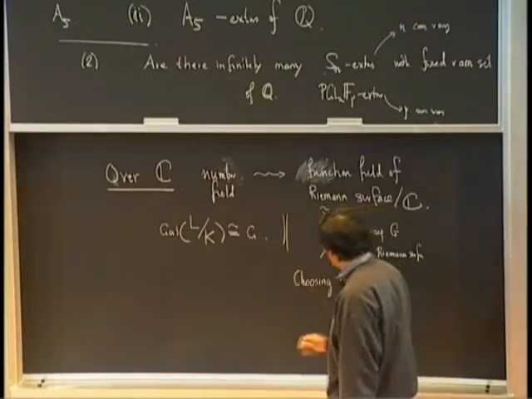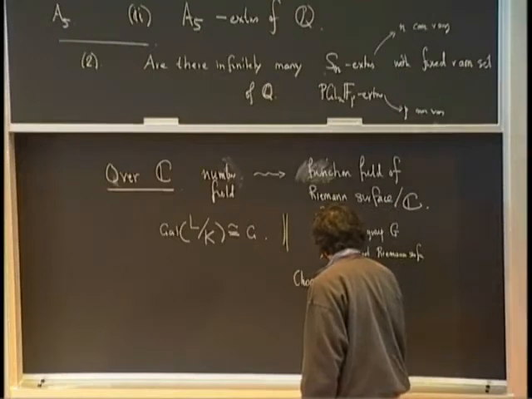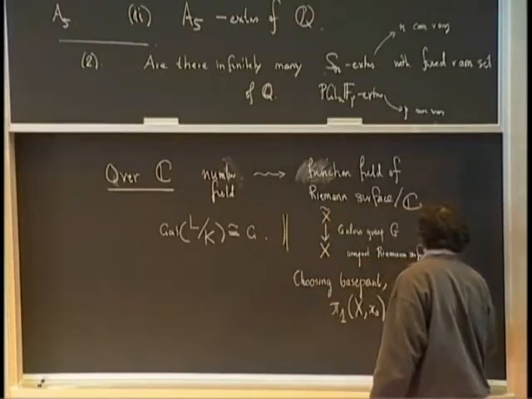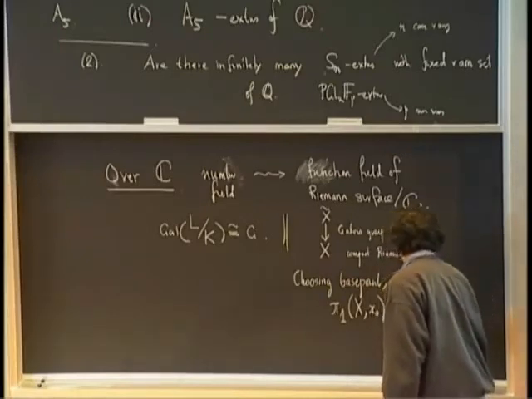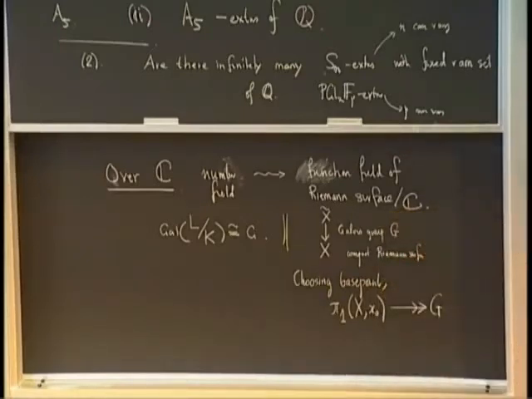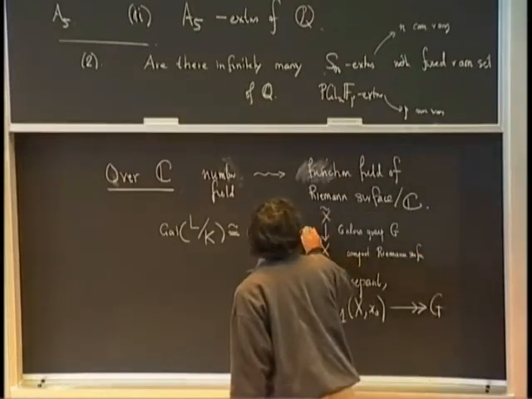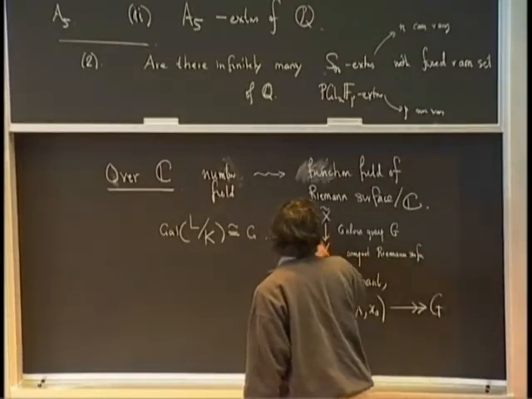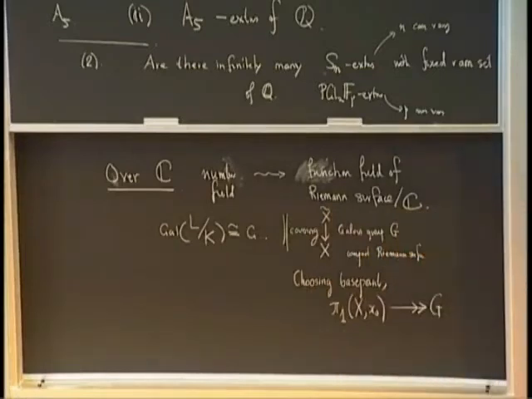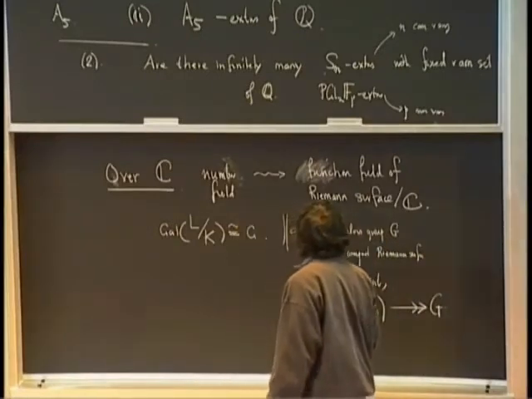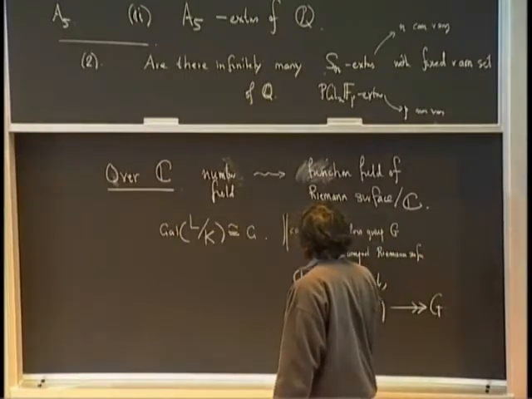So the analog from the Galois group to G, you have a map from the fundamental group of X at this base point to G. Okay, and I'm going to assume it's, yeah, sorry, this is a covering. So this is a topological covering.